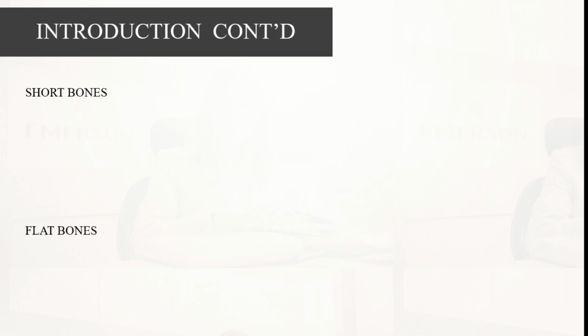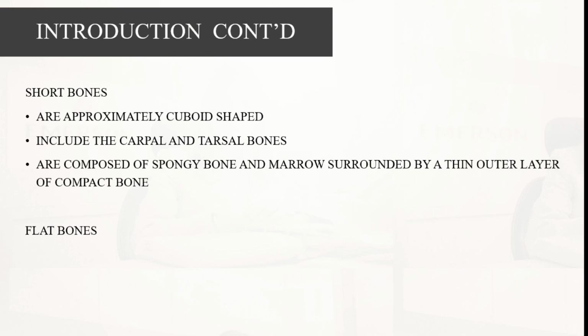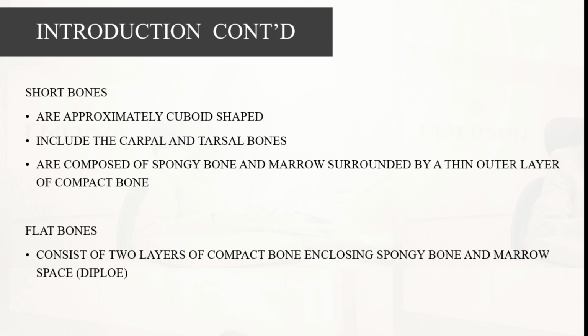Then we give examples of short bones. Short bones are approximately cuboidal shaped, and they include the carpal and the tarsal bones. They are composed of spongy bone and marrow surrounded by a thin outer layer of compact bone. What about flat bones?